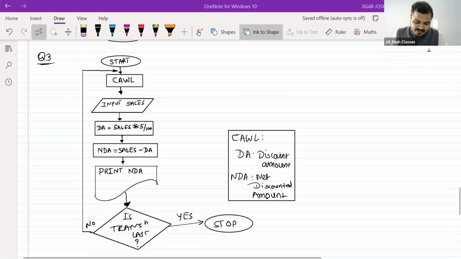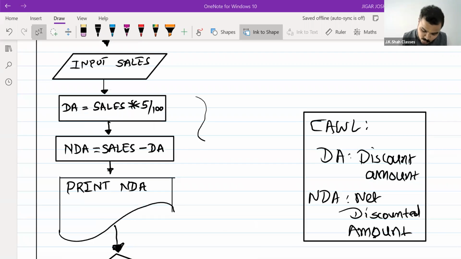Sir, in this question, can we directly calculate net discounted amount at the top only? The answer is yes. You can do it directly instead of these two steps, in one box only.